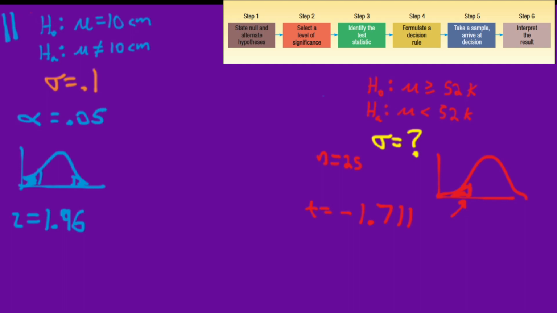So a two-sided direction. Because our null hypothesis is an equal, we are concerned about evidence in either direction. So a two-sided situation, and so that brings up the familiar 1.96 z value.